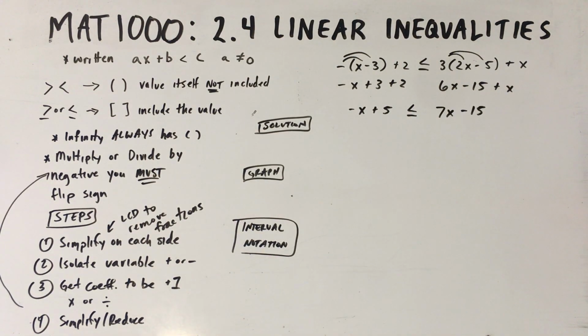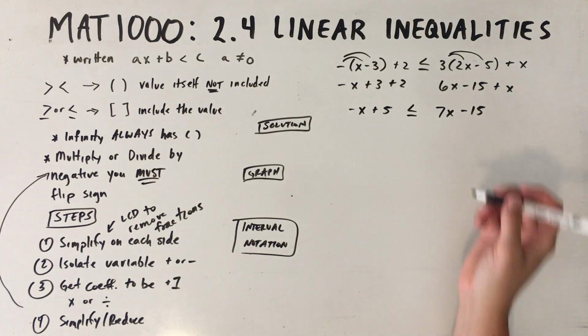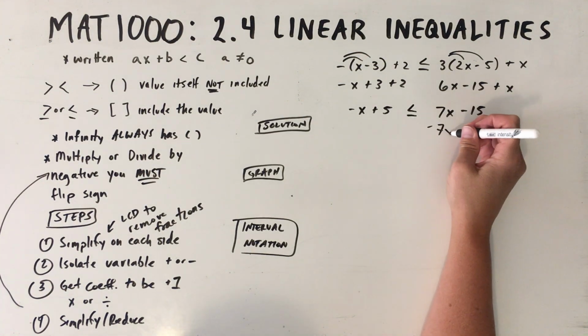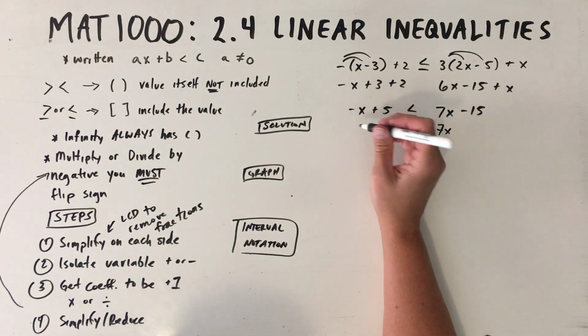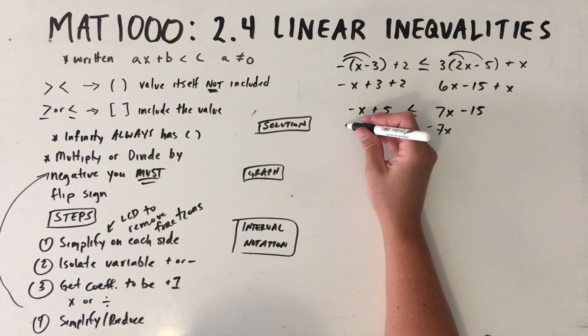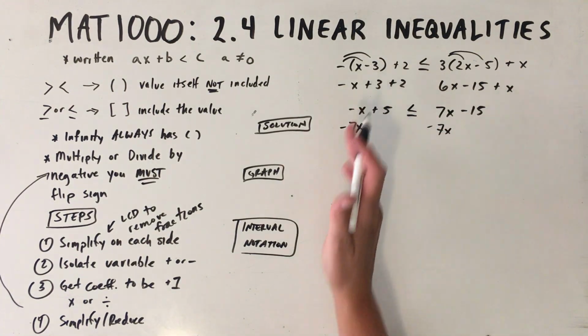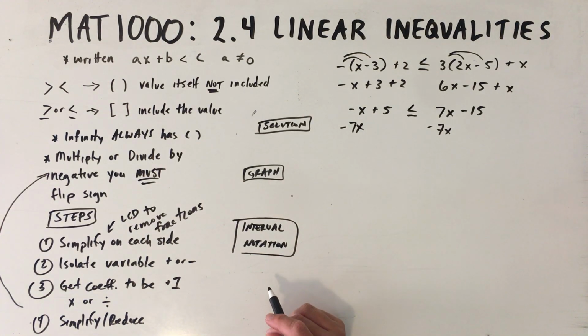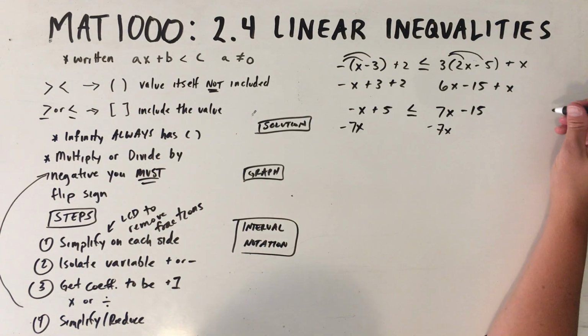Now from here, I'm going to move my variables to get them on the same side. So I'm going to subtract the 7x. You could add x, it doesn't matter. I'm going to subtract the 7x, and the reason why I like to move my variable to the left when I'm working with inequalities is because the arrow points the same way.